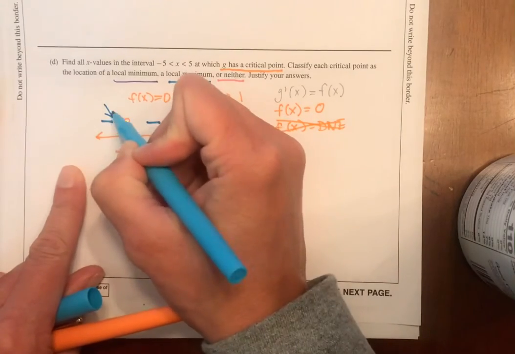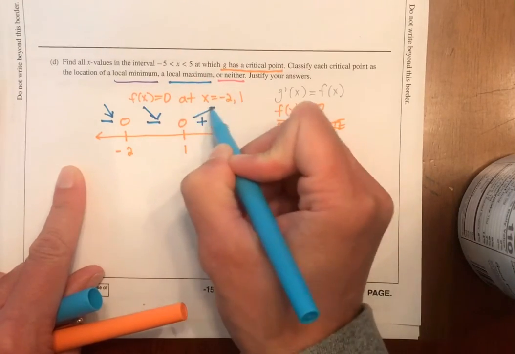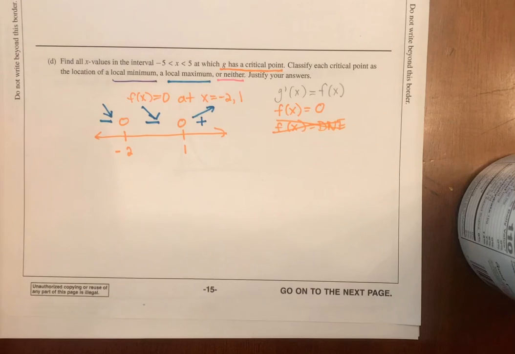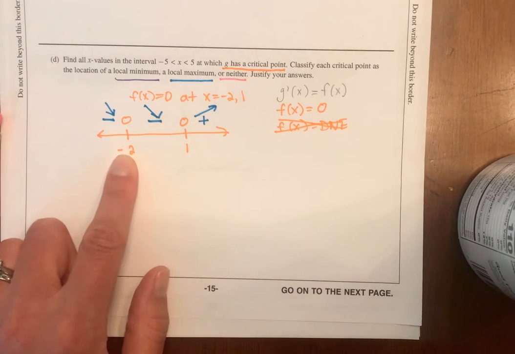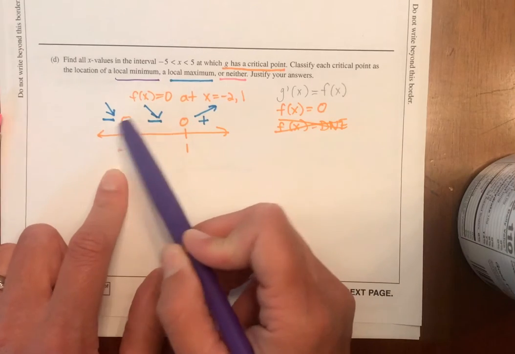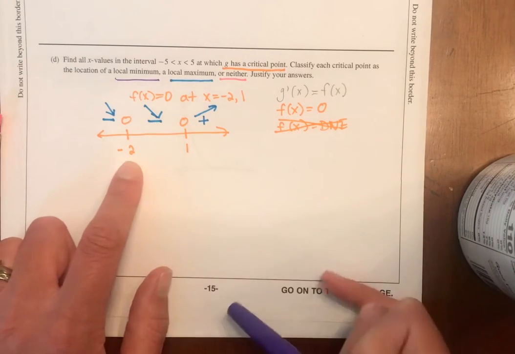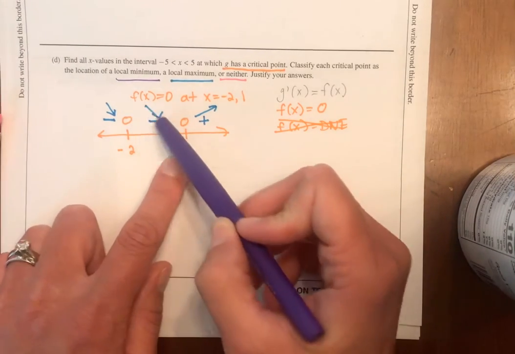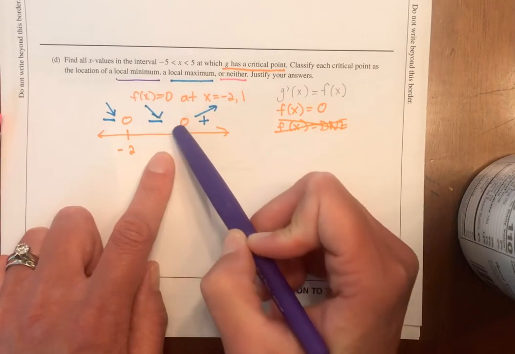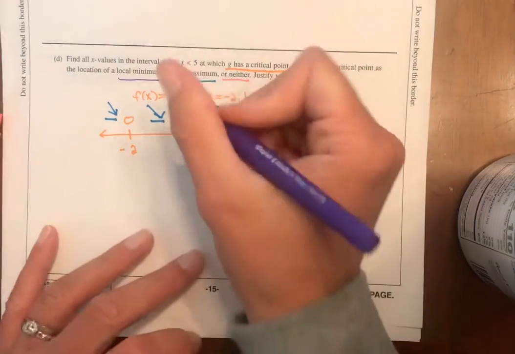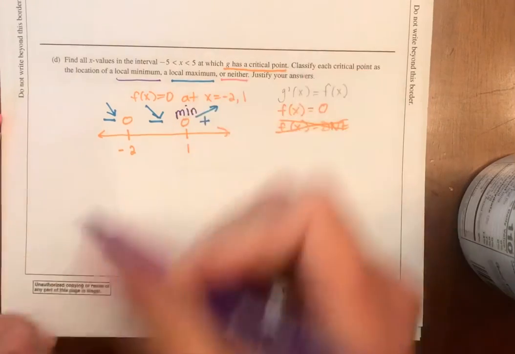So the function is decreasing, decreasing, and then increasing. So that shows us on our test that -2 is neither, because the first derivative does not change signs around the critical value point. But I can see at x equals 1, it goes from down to up.